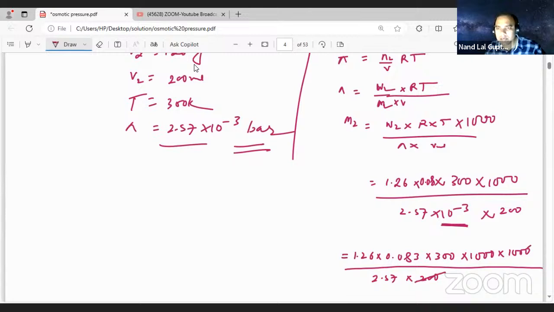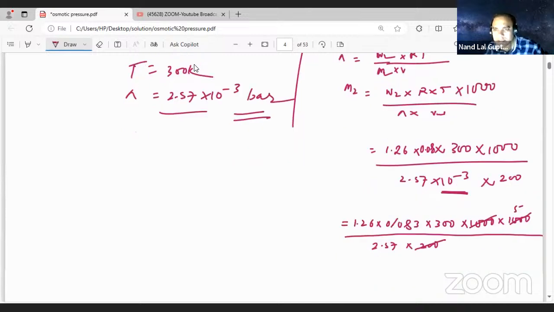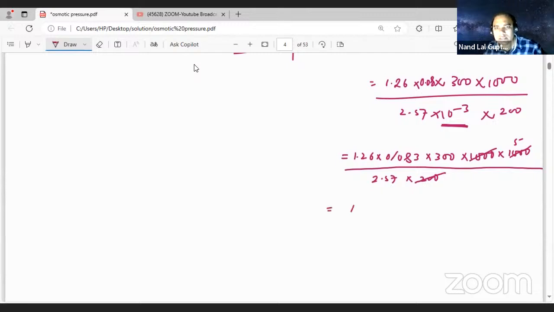This 200 will be cancelled by 5 times. Now with this 30, this decimal will be cancelled. So here is 126 multiply by 83 multiply by 300 divided by 257. This decimal and this decimal got cancelled out.